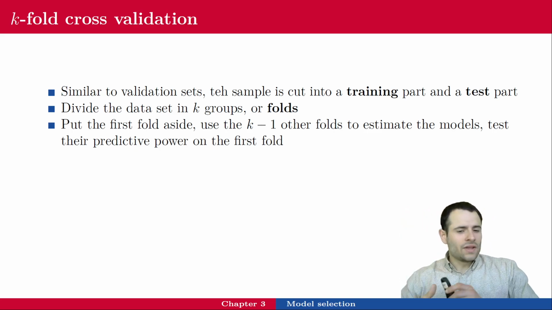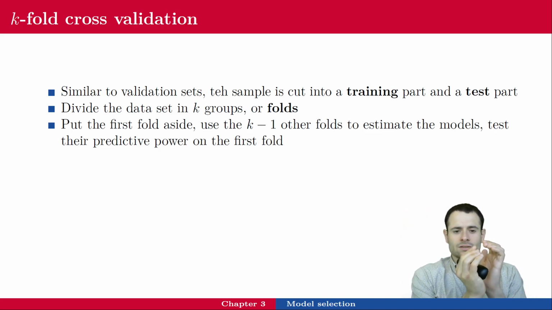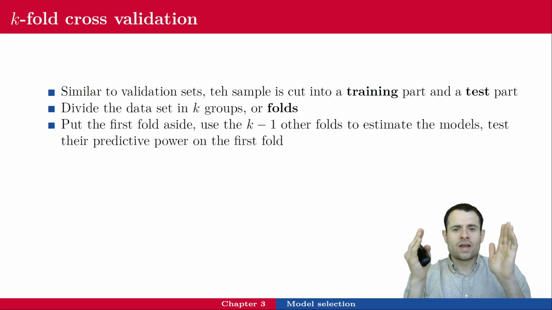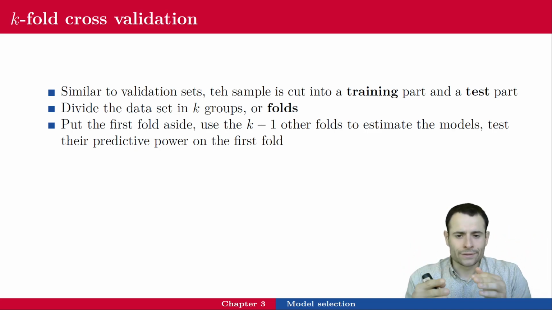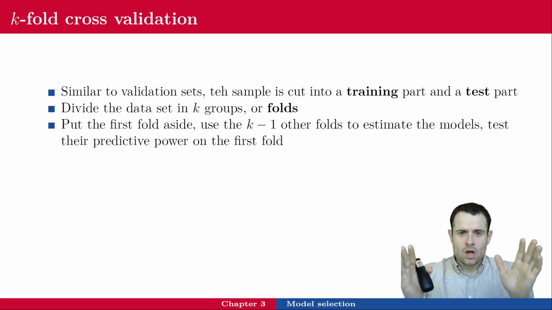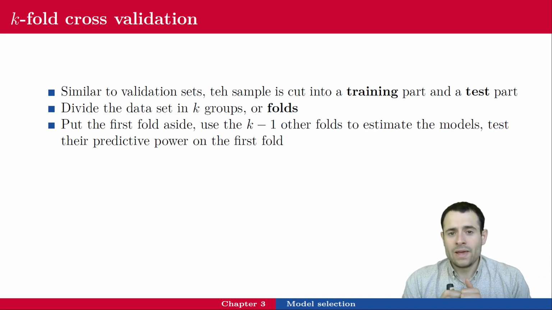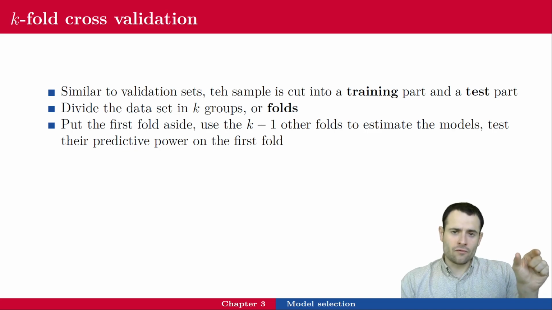Now, take the first fold, your first subset, and put it aside. Now take your other nine folds and put them together. So you're going to get a rather big portion of your total sample. Train the model, so estimate all the models, and use the first fold that you put aside as your test data set.